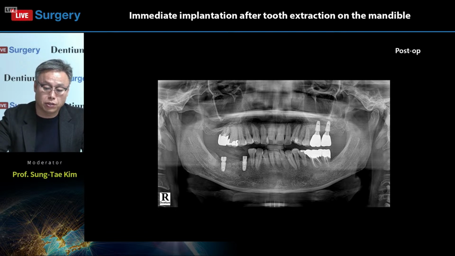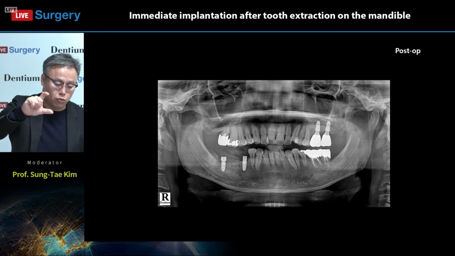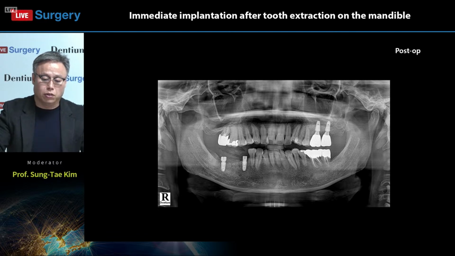So two advantages of the internal connection type of the bright implant. One is the increased thickness of the fixture wall. The other one is the ideal connection type with the longer connection. Usually it's 2.5 millimeter connection depth, but this was 3.7 millimeter connection depth. So the internal type of the bright implant has two advantages.